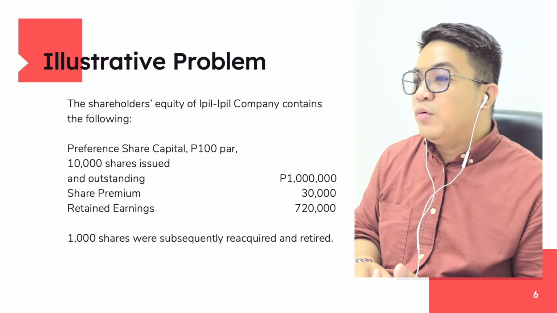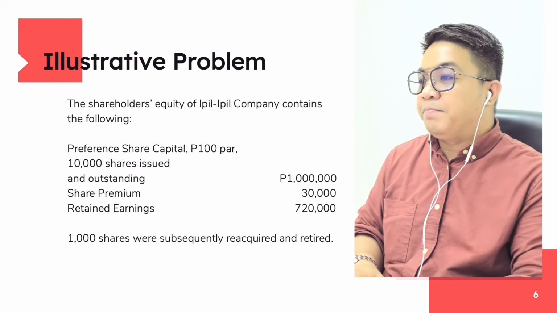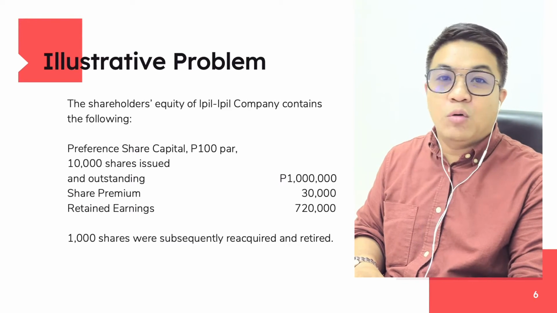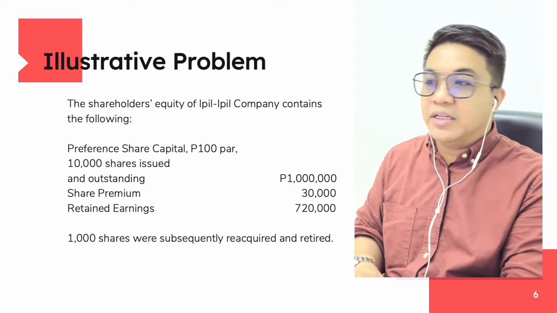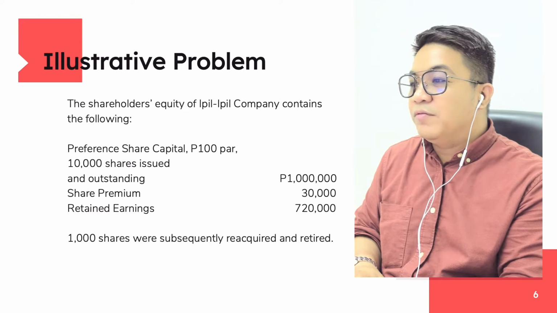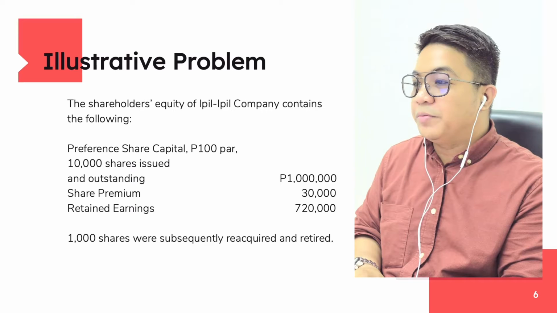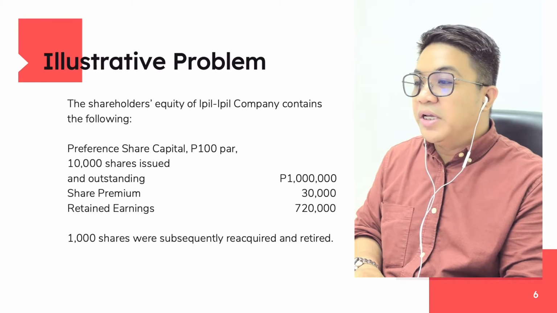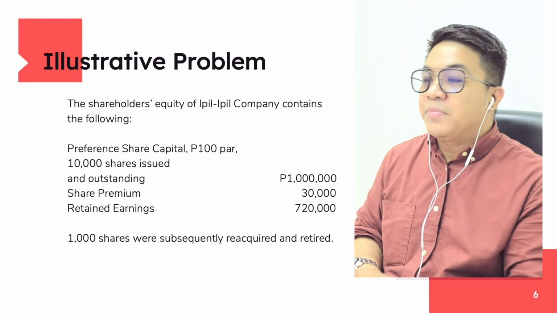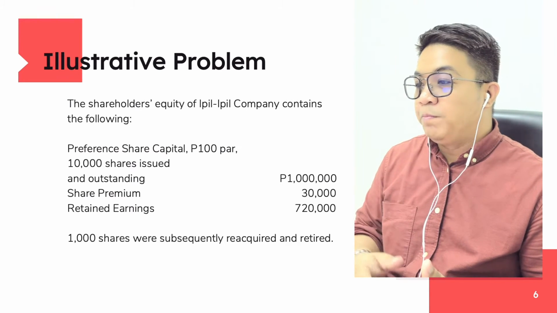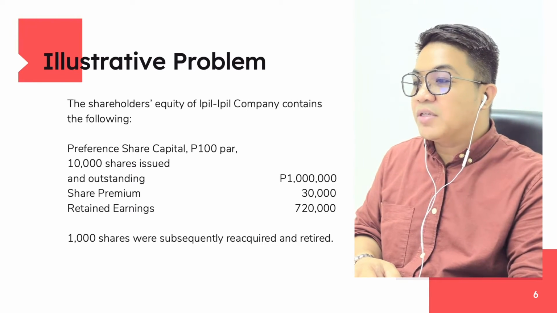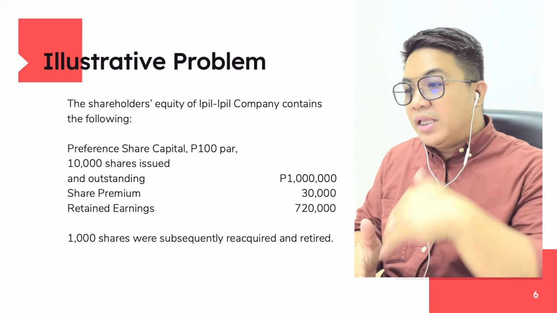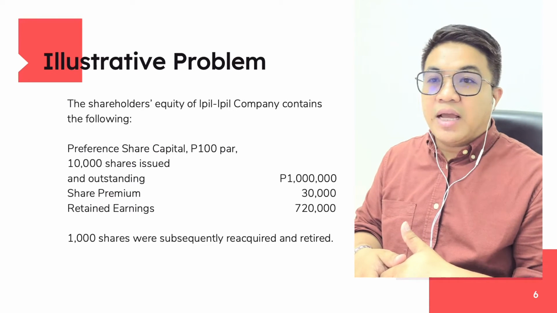The Ipil-ipil company has shareholders' equity given in its balance sheet. It shows 1 million for preference share. We also have the share premium and the retained earnings. Out of this 10,000 shares issued, the problem says 1,000 shares were subsequently reacquired and retired.